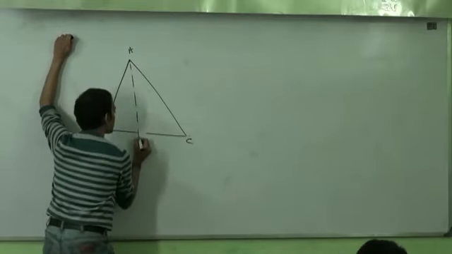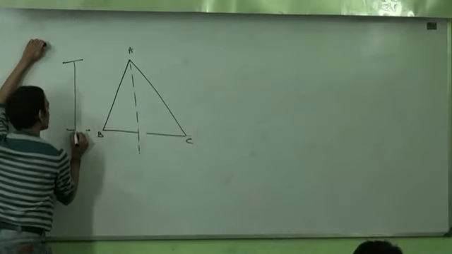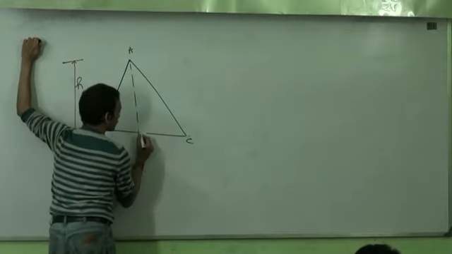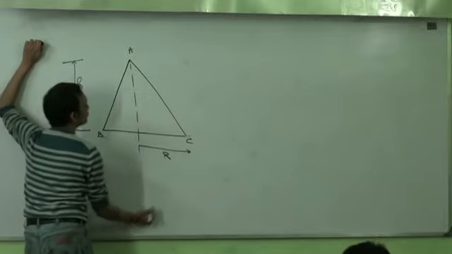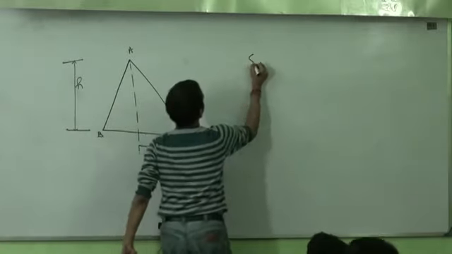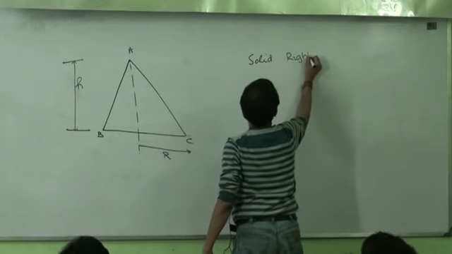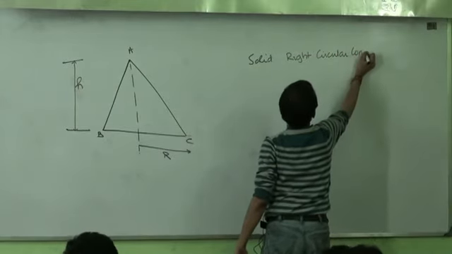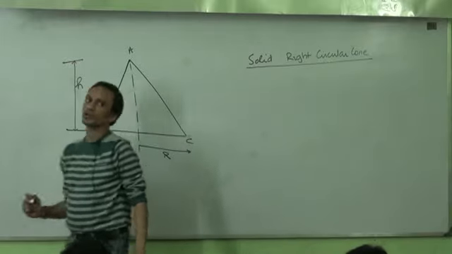This is the axis of the cone, which will give me the height, and capital R is the radius of the cone. Solid right circular cone. Mass M.